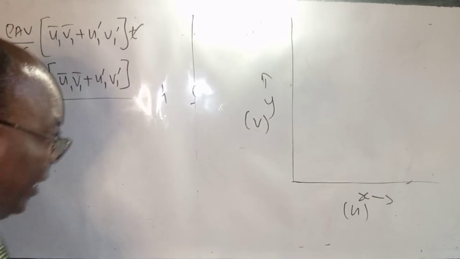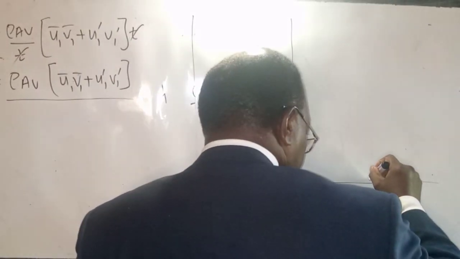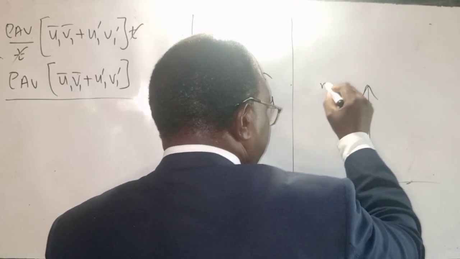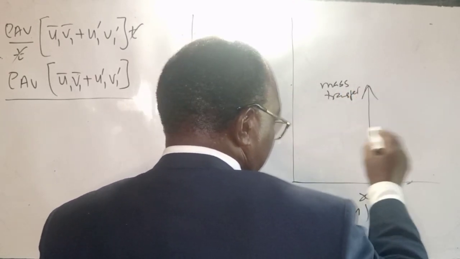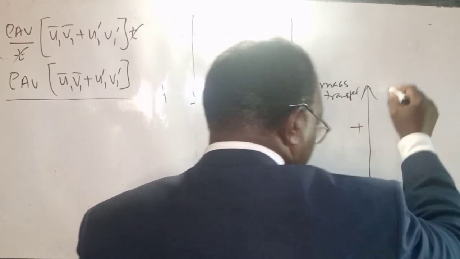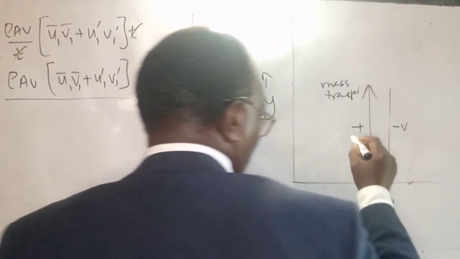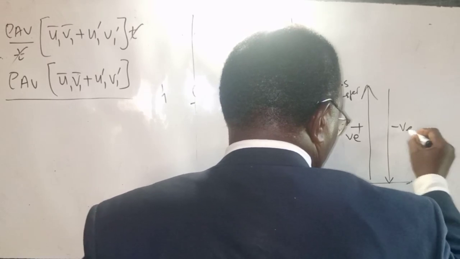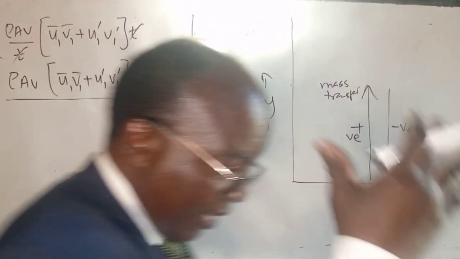So if this mass transfer is from the wall upwards, that will be positive. If it is downwards, that will be negative.